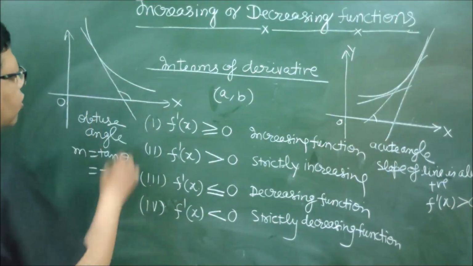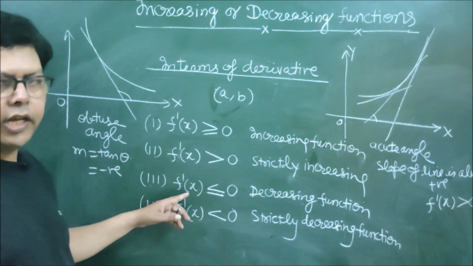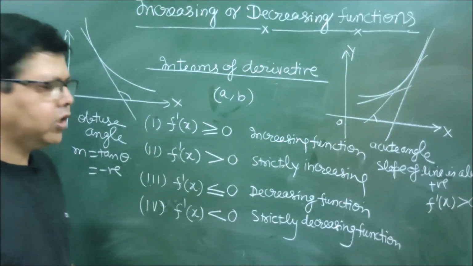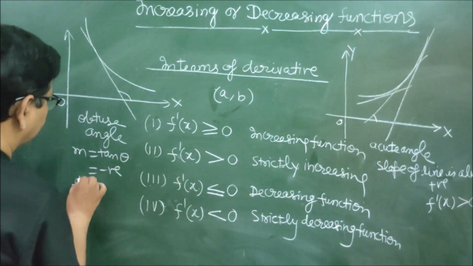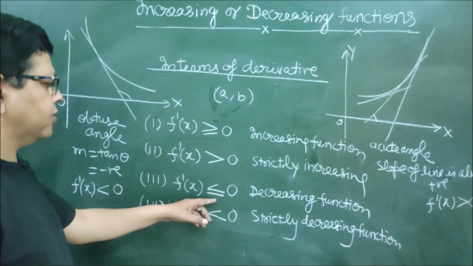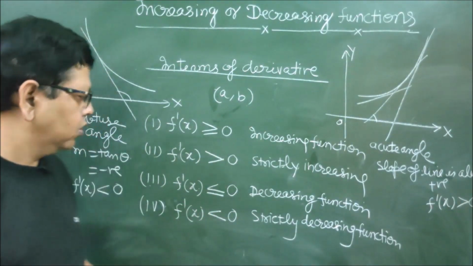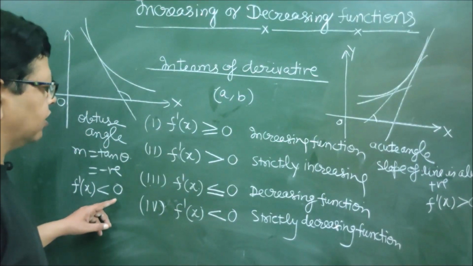The slope can also be calculated by the derivative of the function at a point. So the value of f dash x is less than 0. At some points it may be equal to 0 when the graph becomes stagnant.